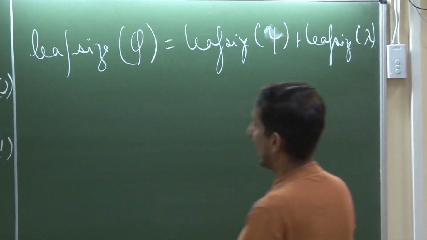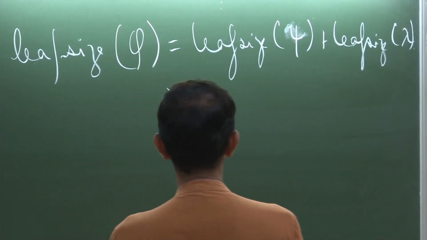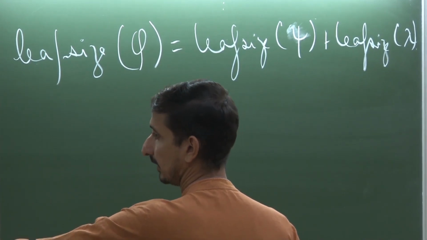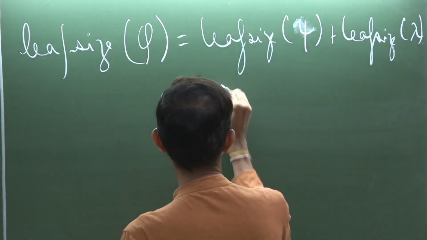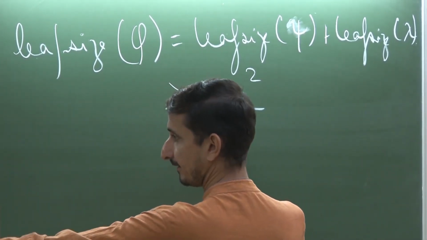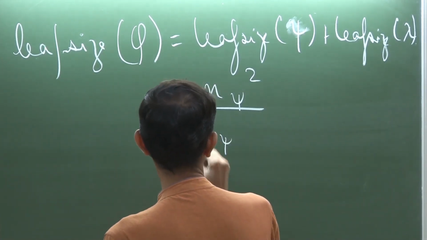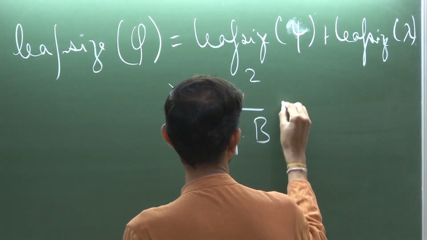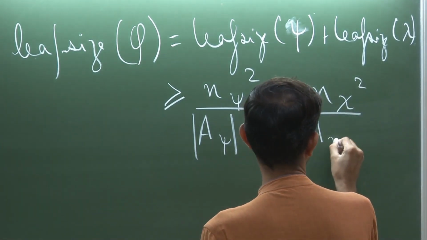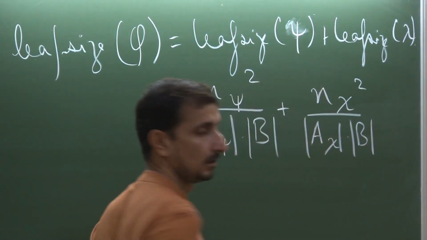leaf size of chi, and by induction what we have is that this quantity is greater than or equal to, now I can use my notations, n_psi square divided by A_psi times B plus n_chi square divided by A_chi times B. Okay.